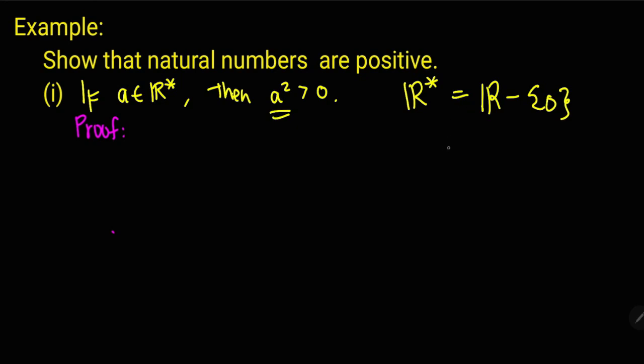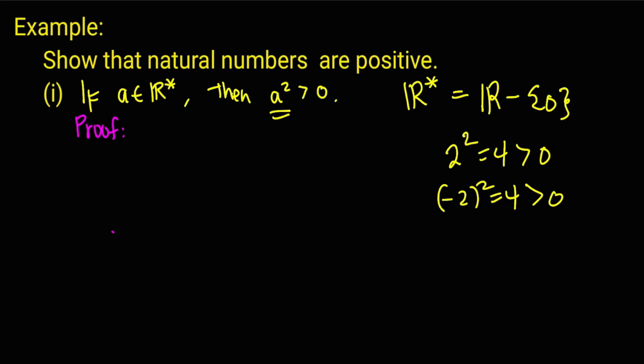For example, if I have 2, the square is 4. So what we're saying is that 4 is positive. If you have negative 2 and you square that, the result is 4. What we're saying is that that number 4 is positive. So again, how do you show that it is indeed positive?